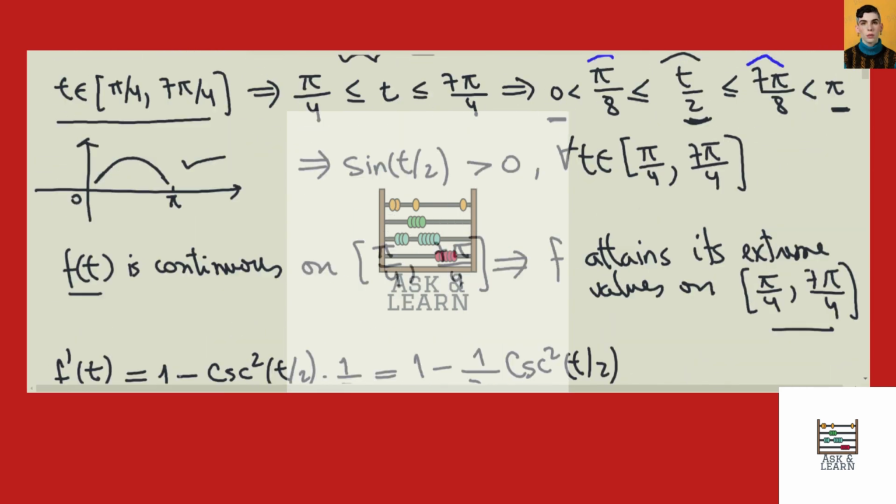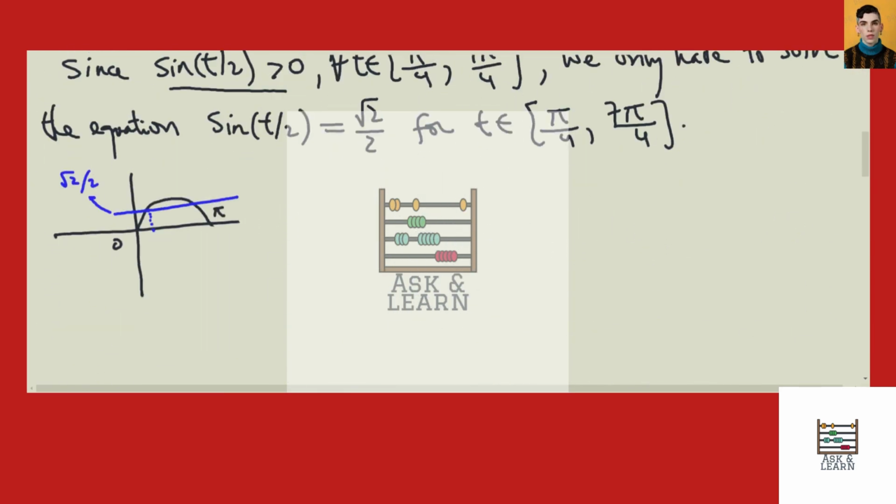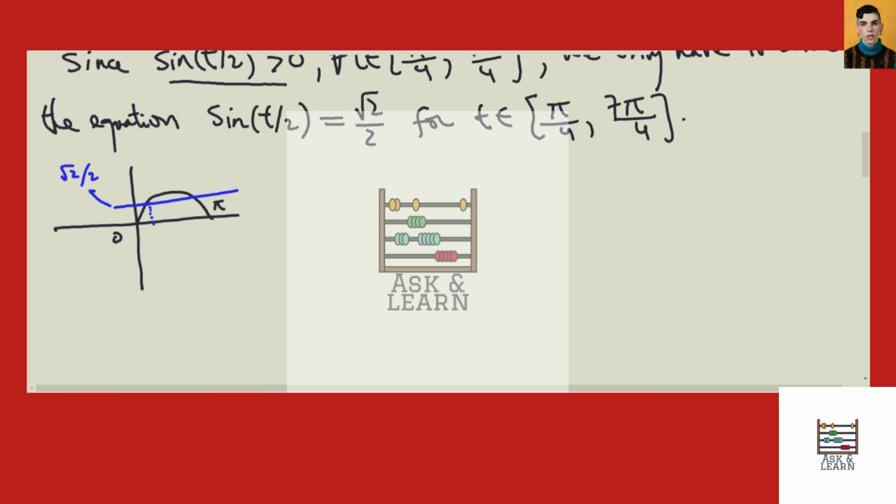But at least between 0 and pi, which is this graph here, there are evidently two solutions for this equation. This angle here, which is the argument of the sine function, gotta be pi fourth. And we gotta know which is this other solution.